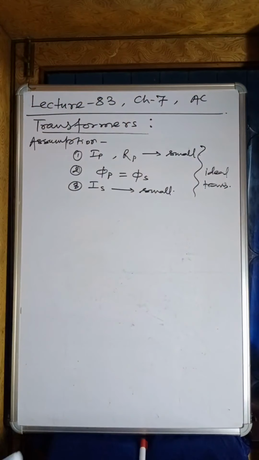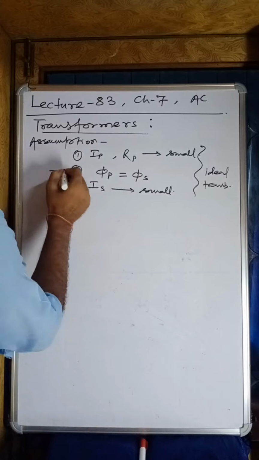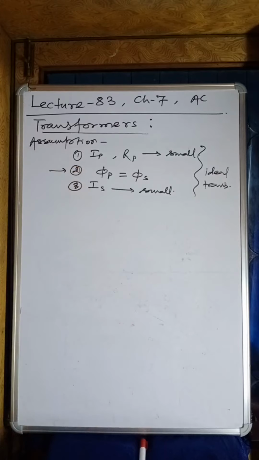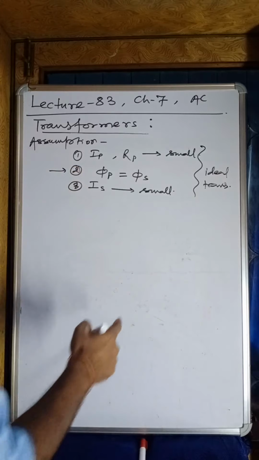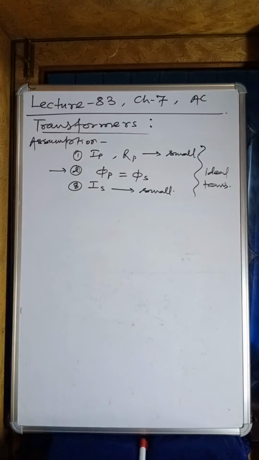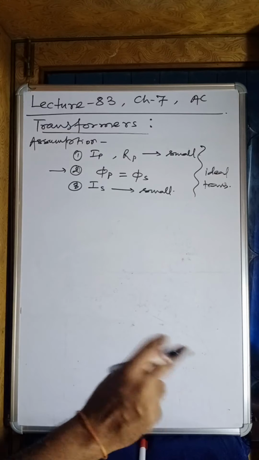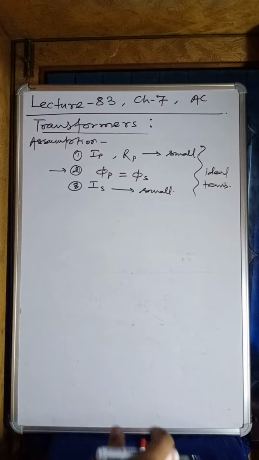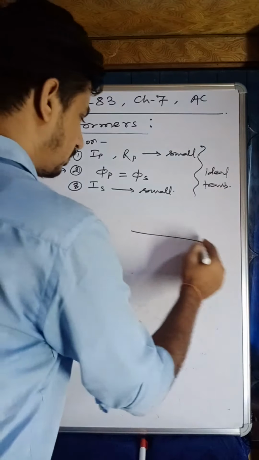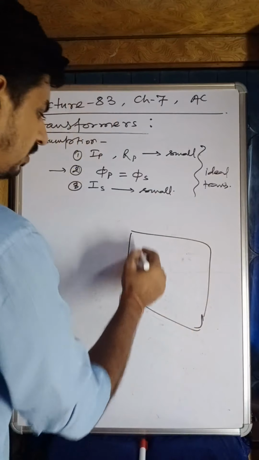Transformer. So for the ideal transformer, my dear students, we can write this equation. But before that, try to look at the picture that you have made. Kindly make that picture in your copy. So this was our coil.